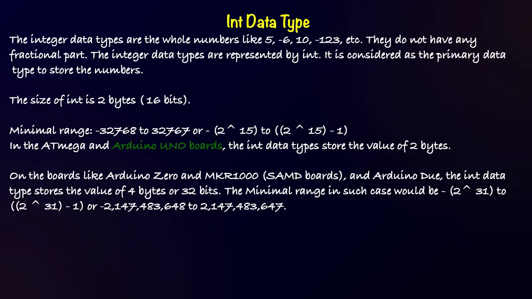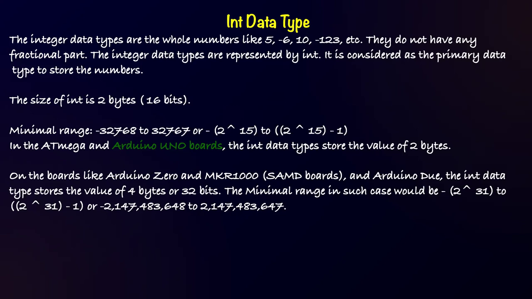So if it is in fractions, then the int data type will not work, it cannot be assigned. The integer data type is represented by int, of course, as is known by now. It is considered as the primary data type to store the numbers. You will use it very frequently.